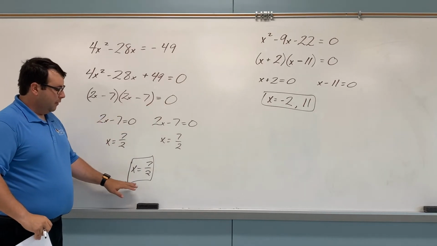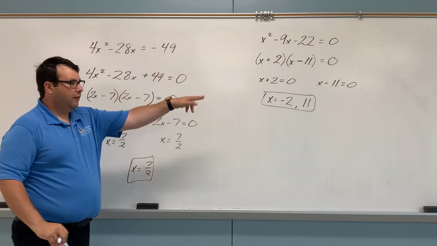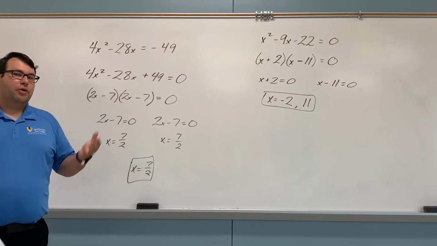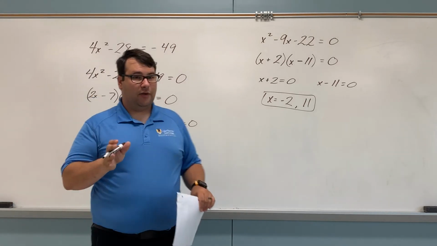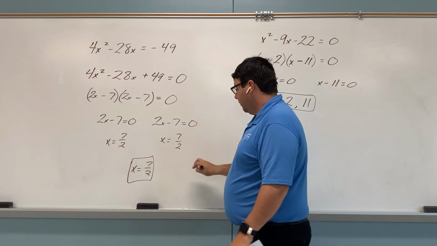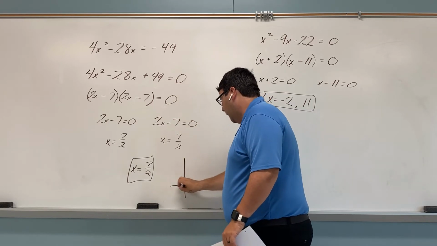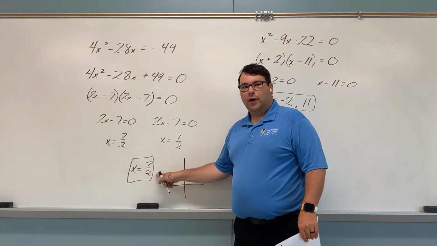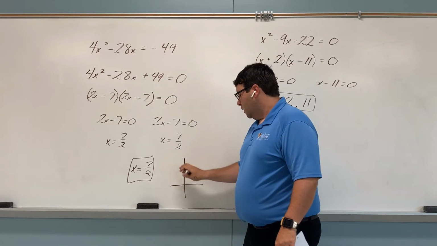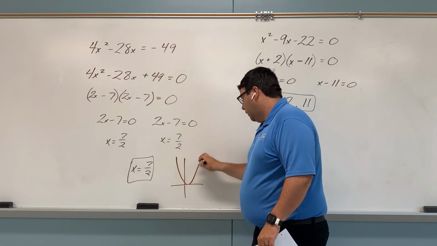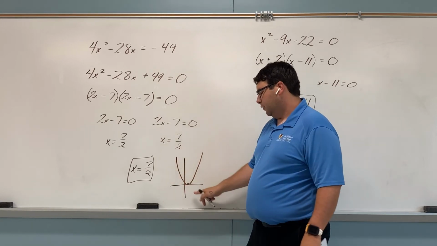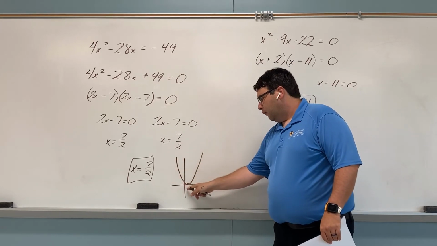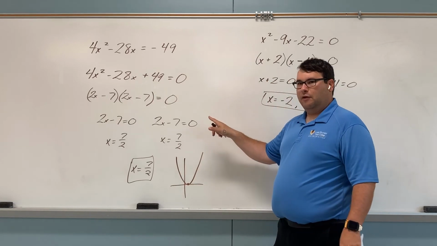Now, you might be saying, well, why did we get one answer there, but we got two answers there? Good question, right? I'm going to show you a little insight. These are not graphing exact problems, but just to show you what the solutions actually mean. When you have a problem that has one solution like this, what you're doing is you're actually graphing a point of intersection where your parabola will curve, touch on the axis, and continue going.